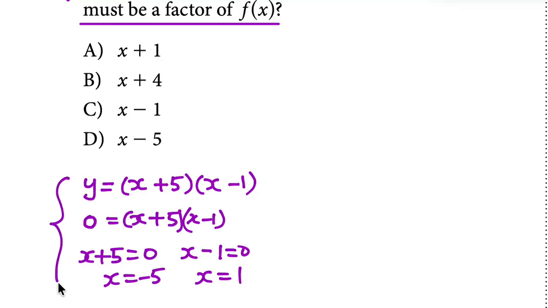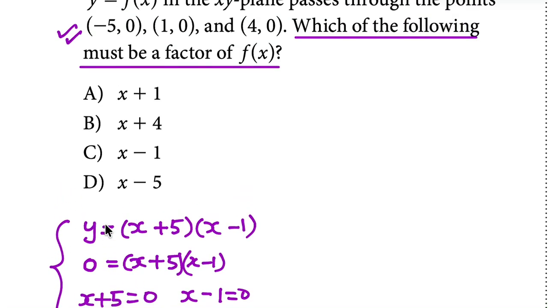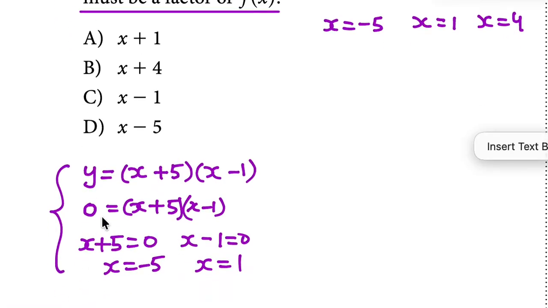Now we have done this question in a reverse manner. Here the values are given to us: x = -5, x = 1 and x = 4. These are the zeros of the polynomial because at these points y is equal to 0. Now I'll do the opposite.